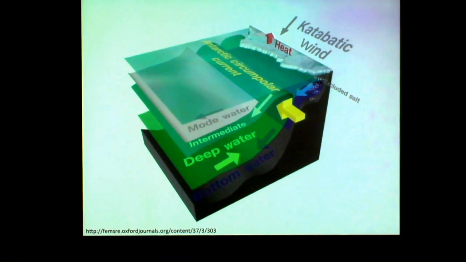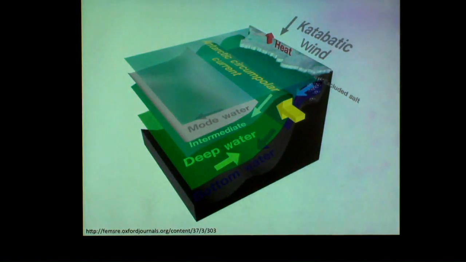And that's because, again, the sea ice formation that's being pushed offshore from the katabatic winds, and the circumpolar deep water that comes up is going to be a lower salinity.